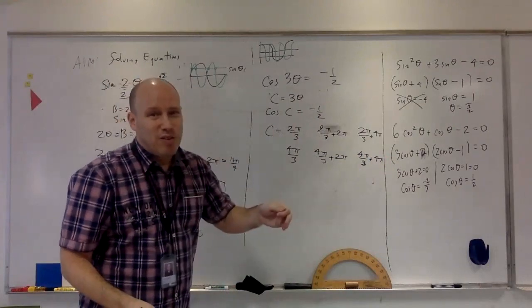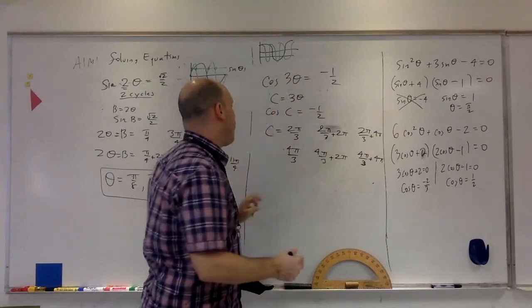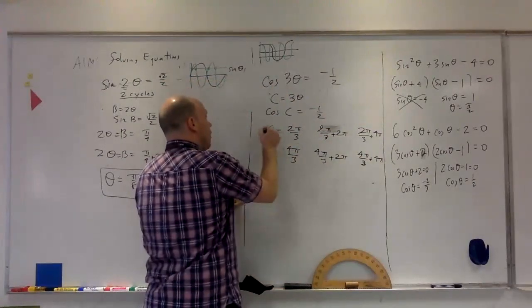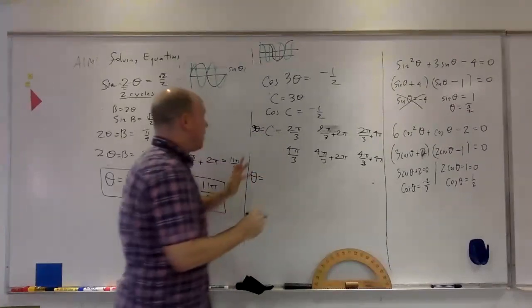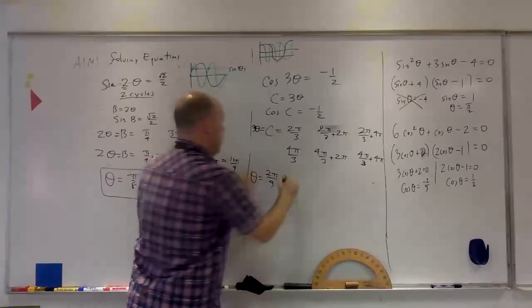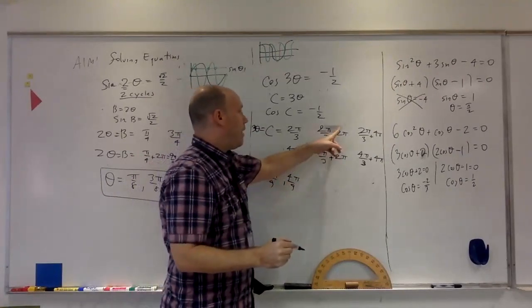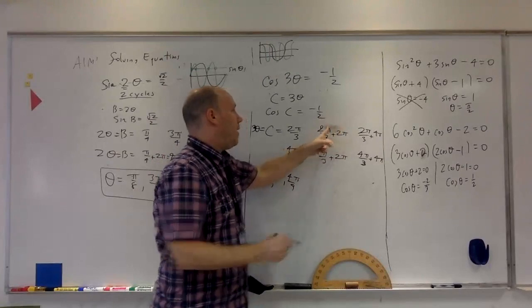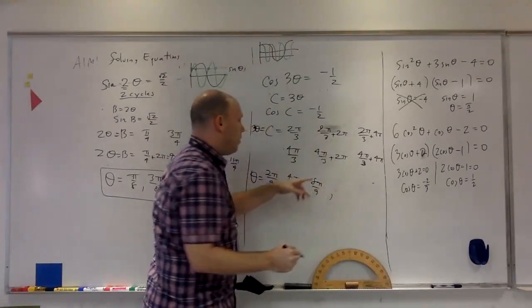So, we're advanced students. Let's combine these and then divide everything by 3. So, we know this is equal to 3 theta. So, theta is equal to, let's see, 2 pi over 9, 4 pi over 9. What's going on here? 8 pi over 9.